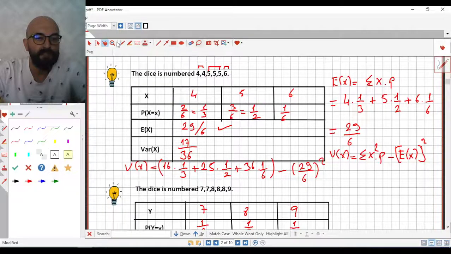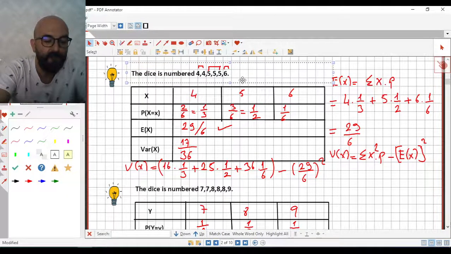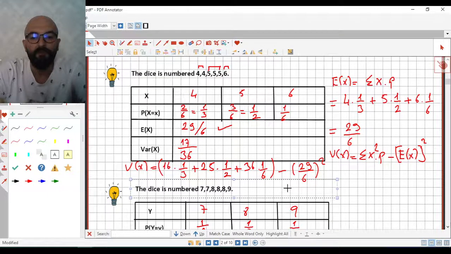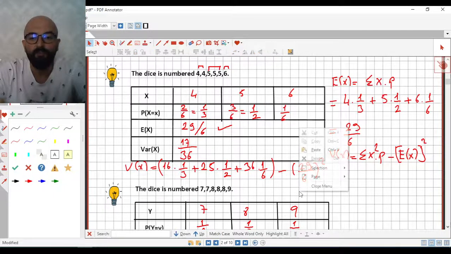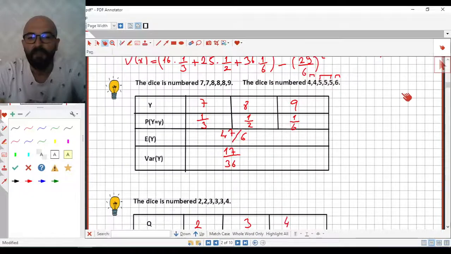For the first example, our dice is numbered 4, 4, 5, 5, 5, 6. If you notice, these values have a correlation with each other.